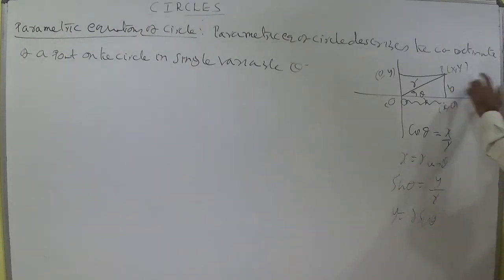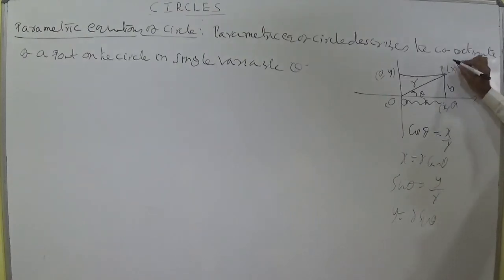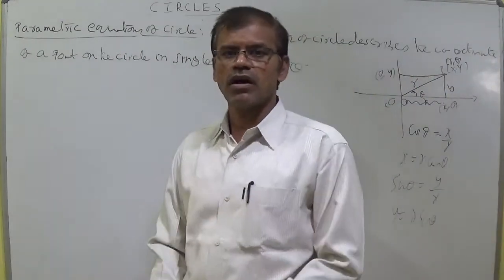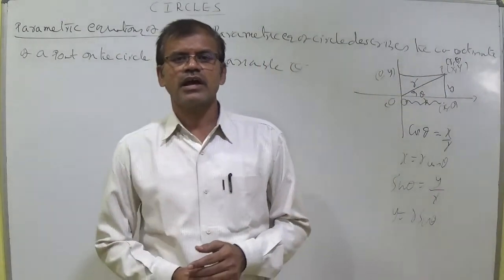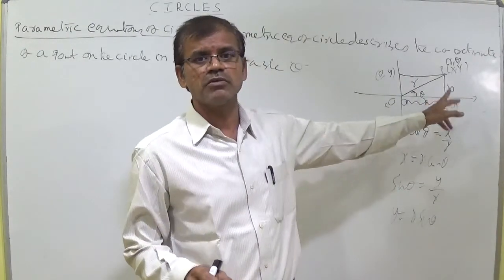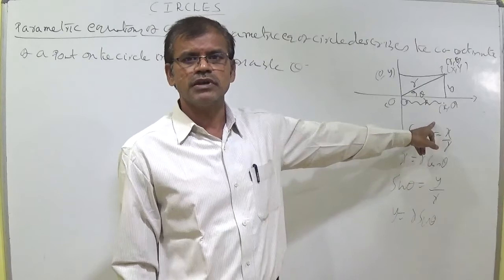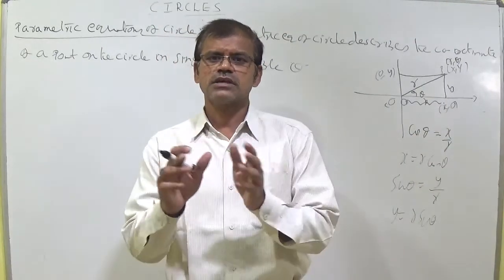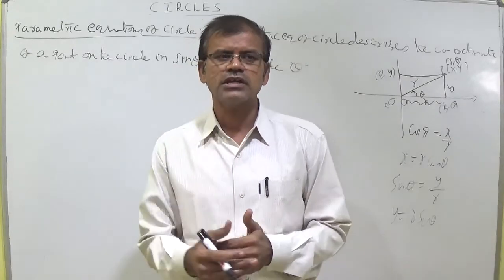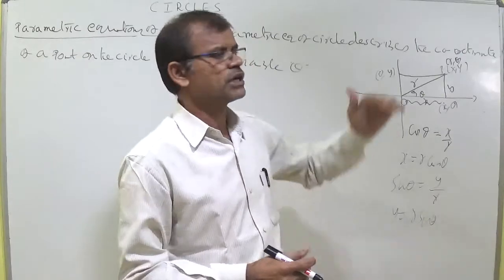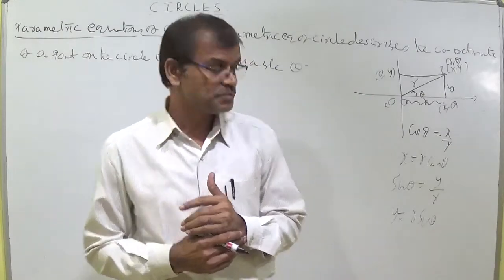So x comma y, the notation of P is r comma theta, where r is the distance from origin and theta is the angle made by the point P with respect to origin in the positive direction of x-axis. P(r, theta). Whenever the same point x comma y you indicate in r comma theta terms, it is called polar coordinates, where the x-axis is the polar axis.